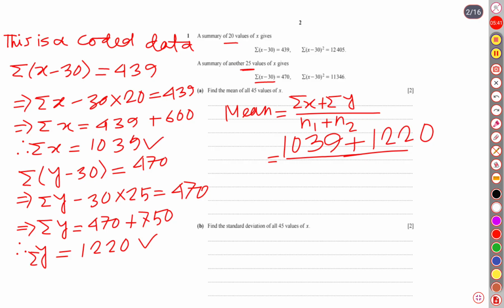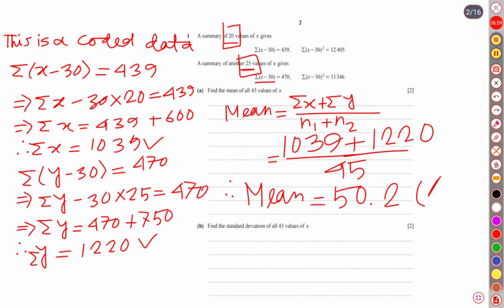The number of values in the first case was 20 and in the second case 25, so it is 45. Using my calculator, it shows 50.1 something. If we round it, it is 50.2. So 50.2 is our mean.